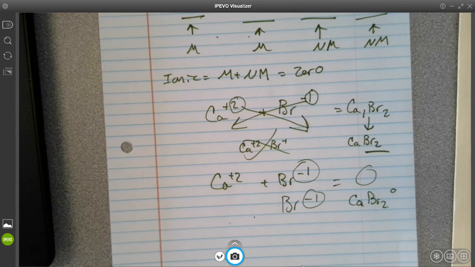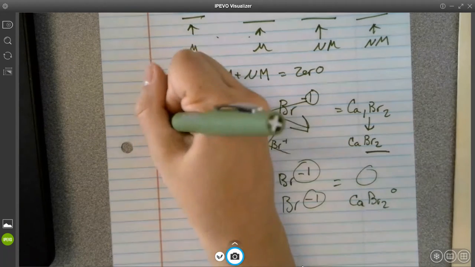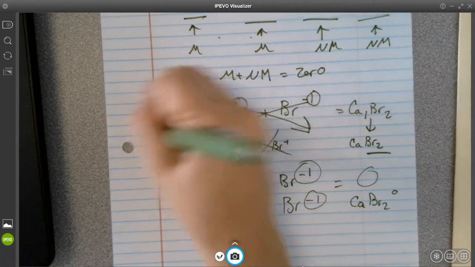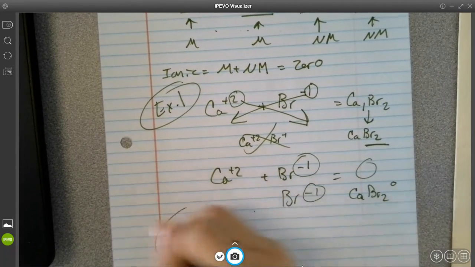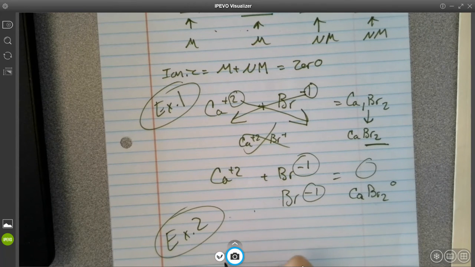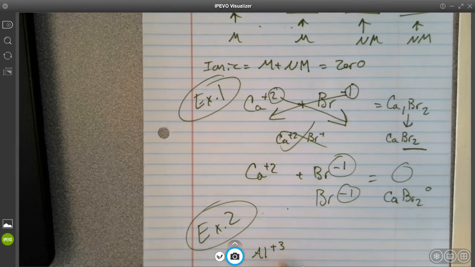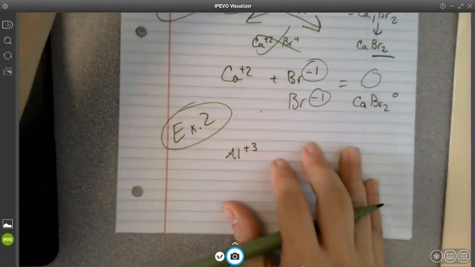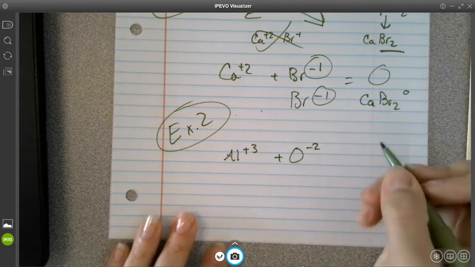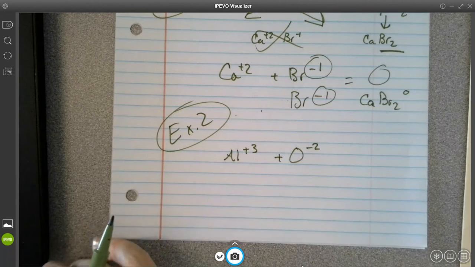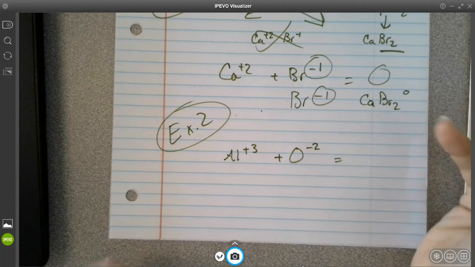If I'm wanting to look at another example, I'll put up here example 1, and down here example 2. If I'm looking at aluminum with a charge of +3, and let's go ahead and move this, and oxygen with a charge of -2, what final formula would I have?